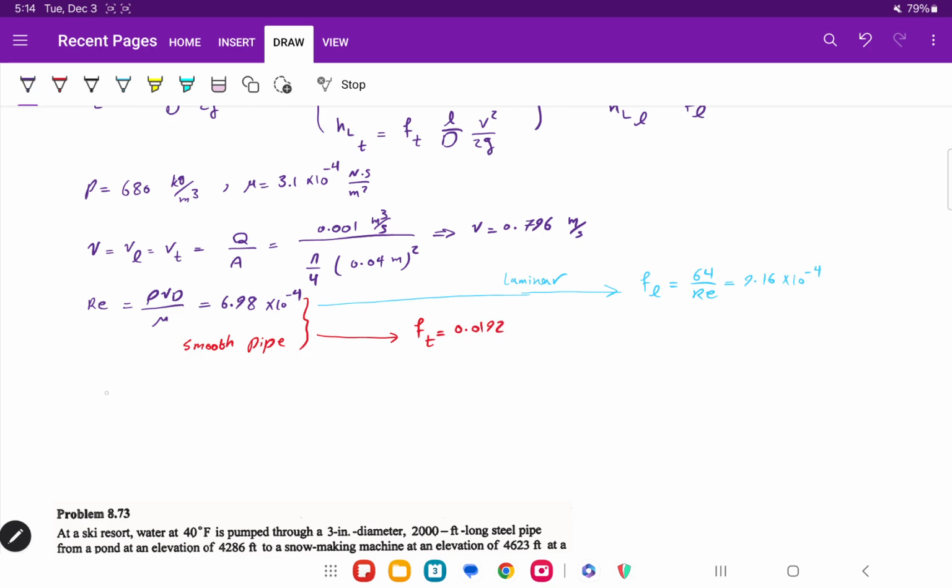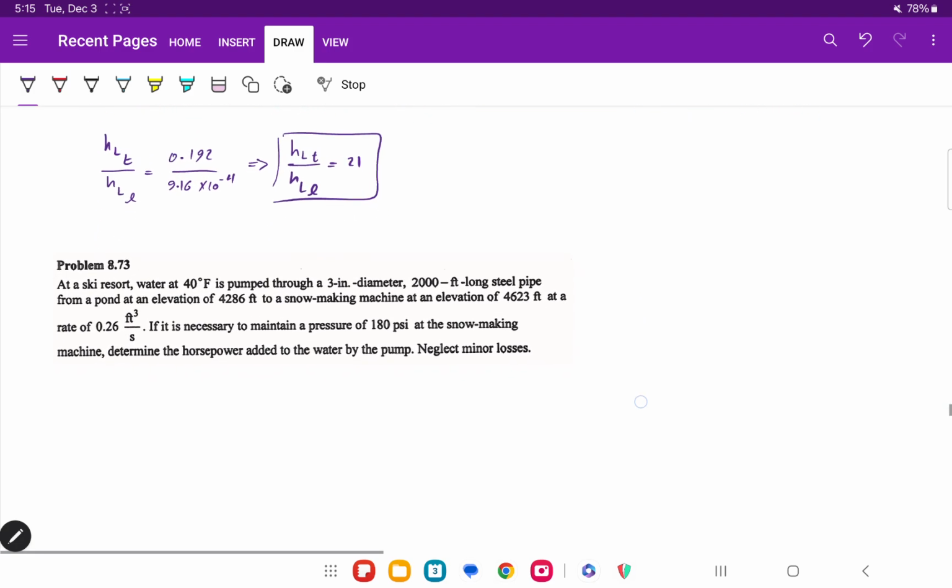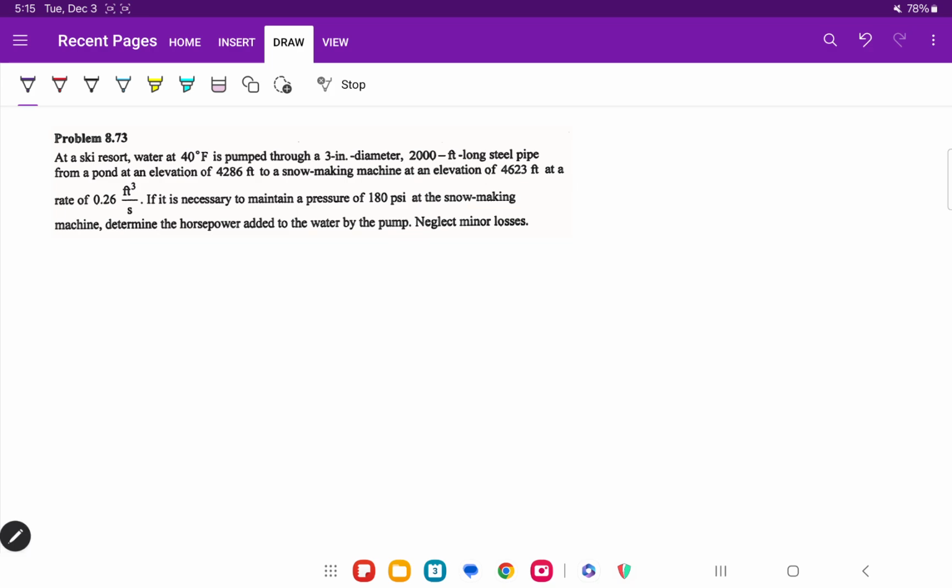So h_L in turbulent flow over h_L in laminar flow equals 0.0192 over 9.16 × 10^-4. So h_LT over h_L laminar equals 21. This is the ratio if you consider the flow is laminar, but as you saw, we know it's not laminar, it's actually turbulent.